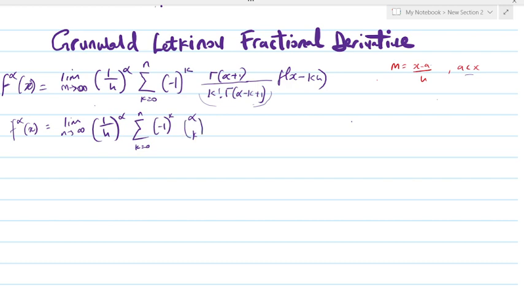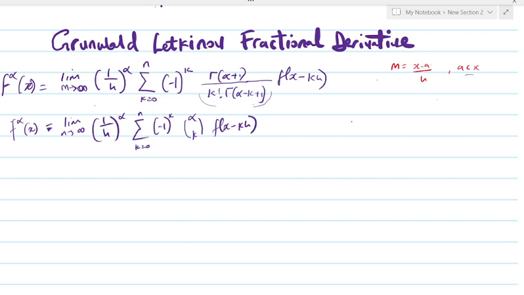You can check our previous lesson on this. Okay, so that's another way to write our GL operator.